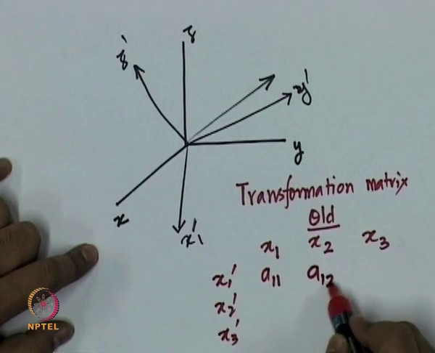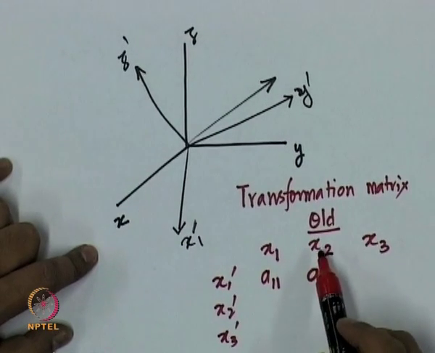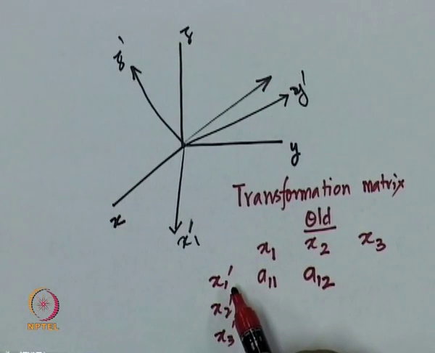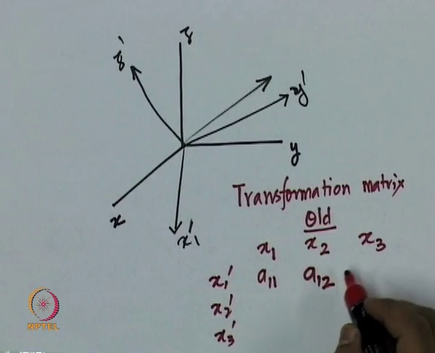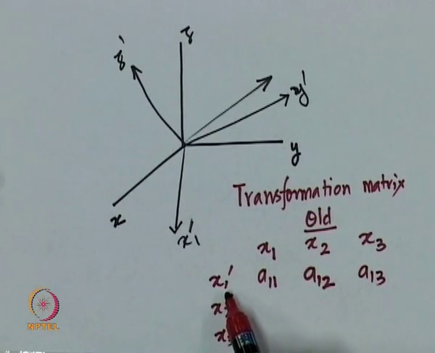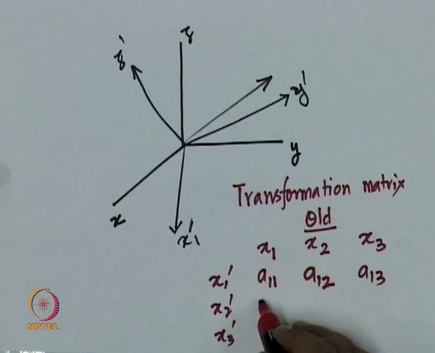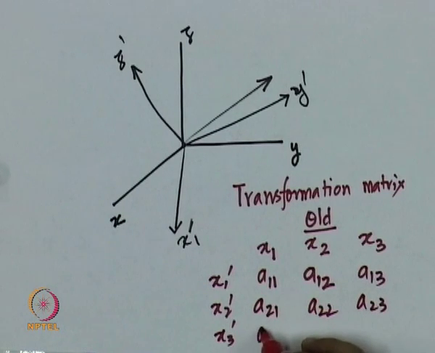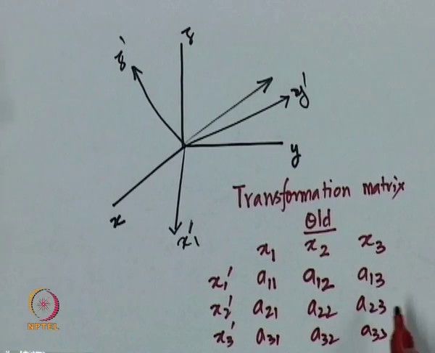A12 is the direction cosine between 2 and 1 prime, and A13 is the direction cosine between 1 prime and 3. Similarly, A21, A22, A23, A31, A32, A33, right.